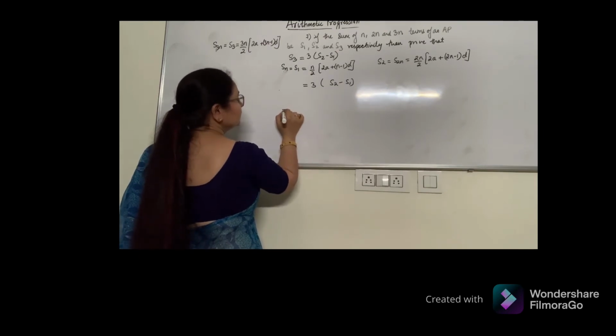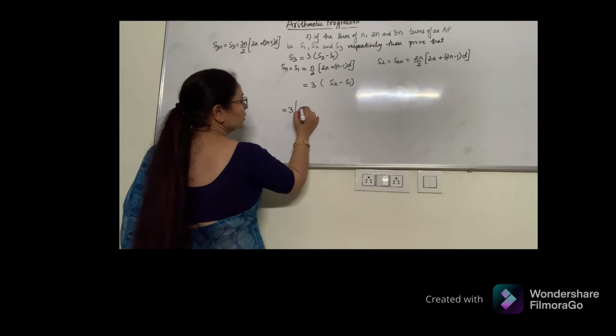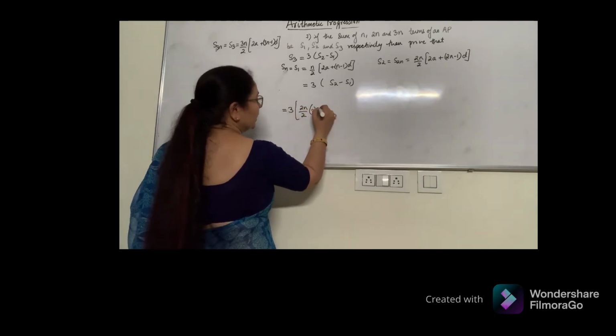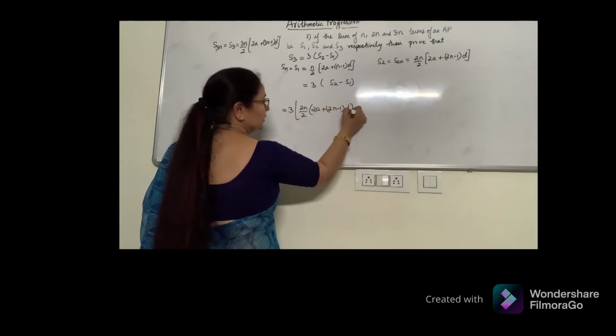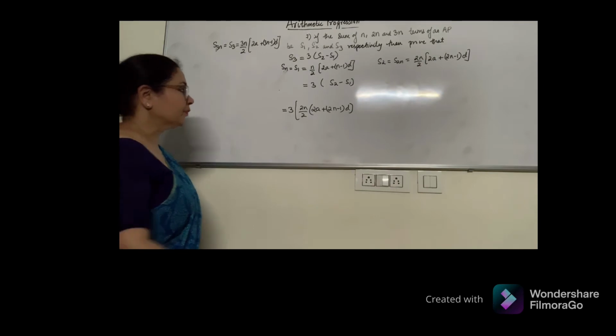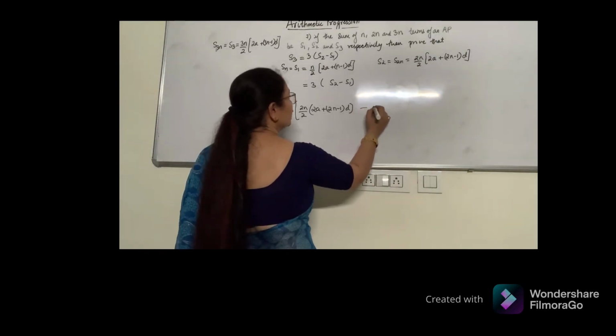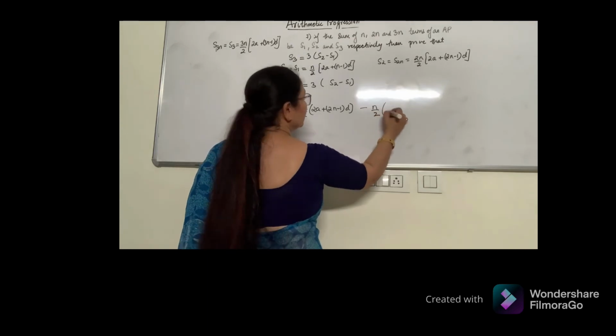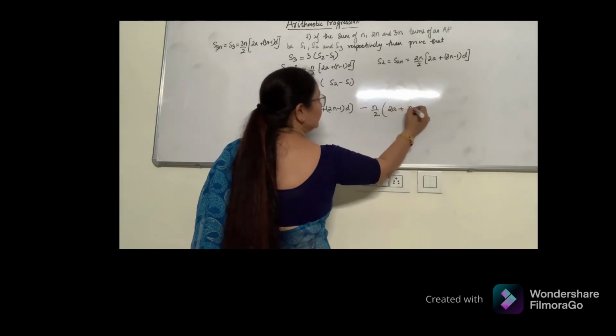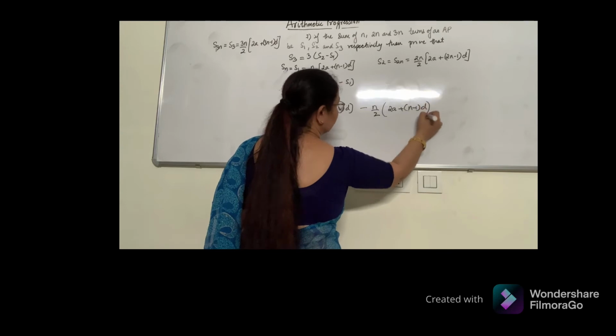So thrice of S2 again. S2 is 2n by 2, 2a plus 2n minus 1 d. And then minus n by 2, 2a plus n minus 1 d.